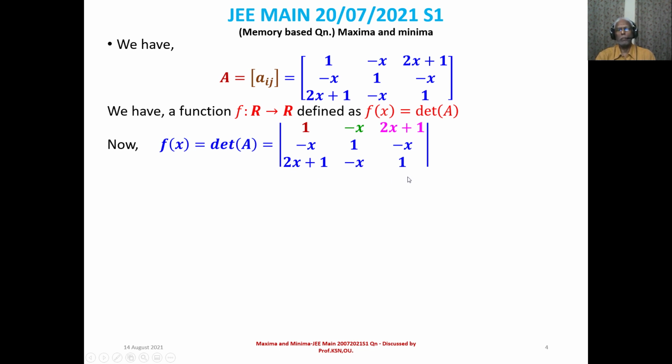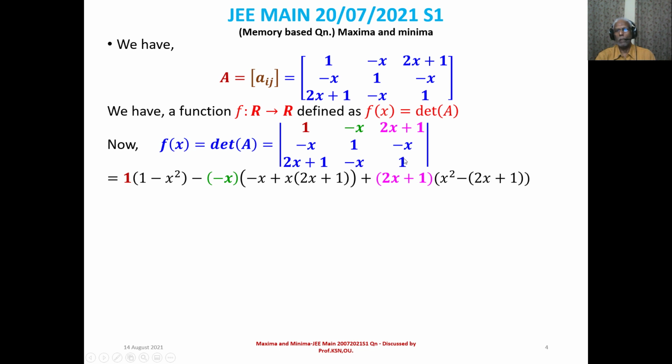We'll now expand this determinant by the first row. The first row is 1 times its minor, that is 1 into (1 minus x square), minus x times its minor, that is minus (minus x plus x times 2x plus 1), and this element 2x plus 1 into its minor, that is minus x into (minus x square minus 2x plus 1).